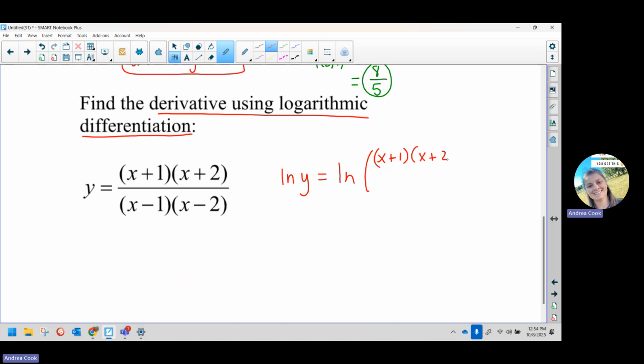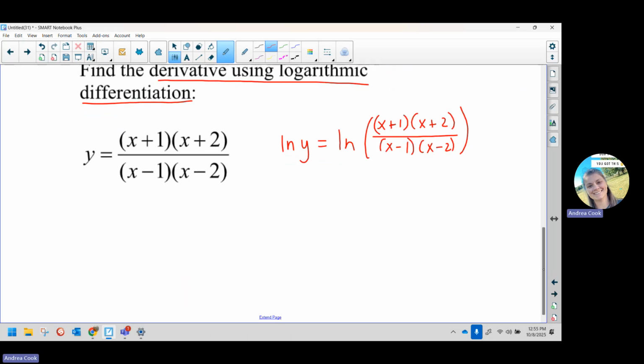And what do logs help us to do for two expressions? Separate. So I can expand that. And then remember, the derivative of a log is just u prime over u, so it will make the derivative a lot easier to find.